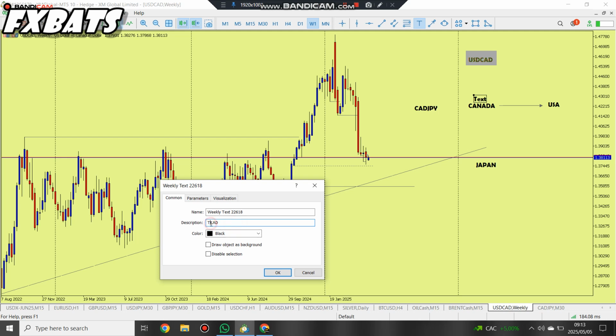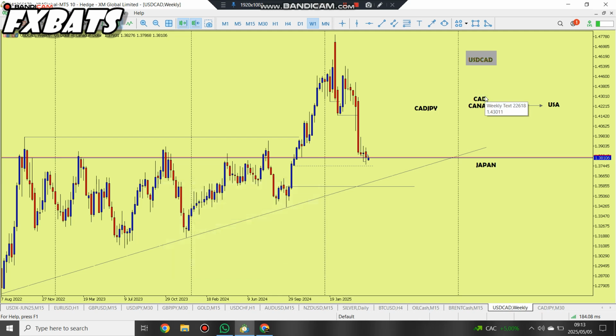So in layman's terms, CAD, the Canadian dollar, should be positively correlated with oil. If the value of oil increases, the Canadian currency will gain strength.